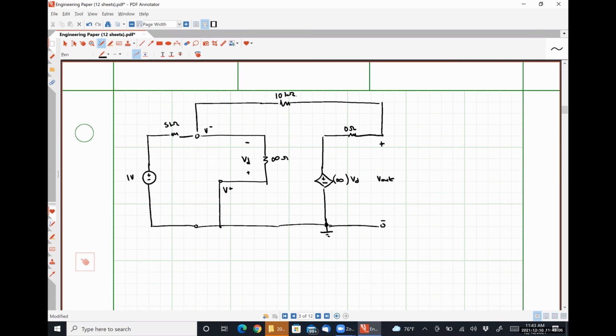Since we have a short circuit here, V out is exactly equal to infinity times VD. Right? Anybody have any beef with that?